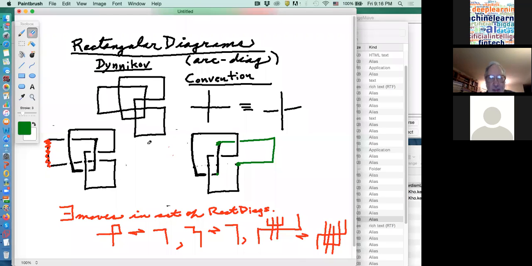And then there is a notion of complexity of a diagram. And the complexity of a diagram is the number of vertical arcs. You see, a diagram has a number of vertical arcs. 1, 2, 3. These are distinct arcs. They should be 4 and 5. Just shift them a little bit side to side.